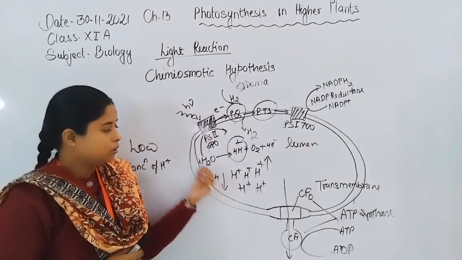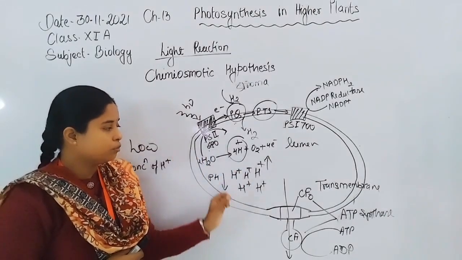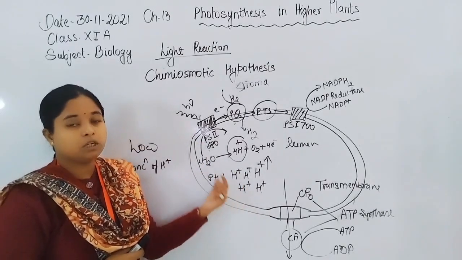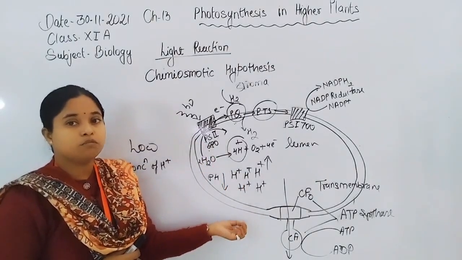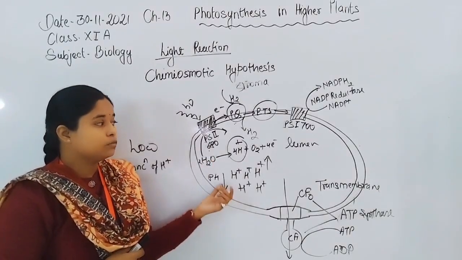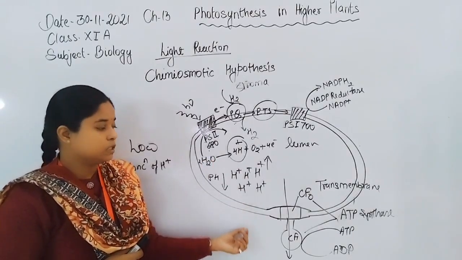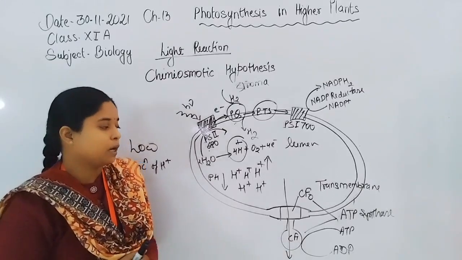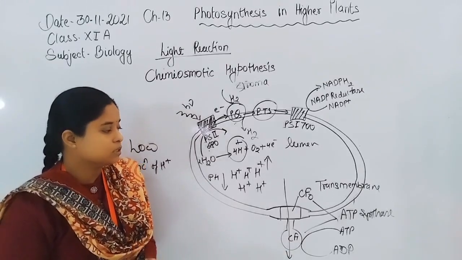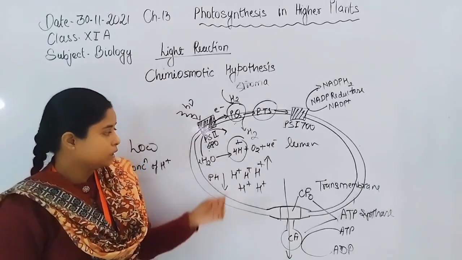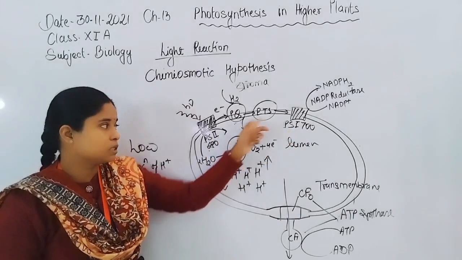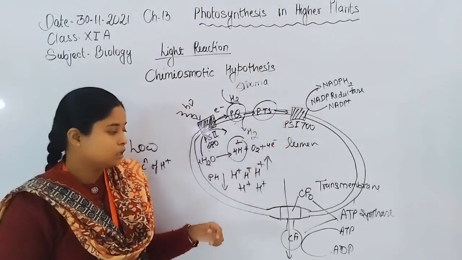Otherwise, because of the increasing number of protons, they may destroy the membrane of the chloroplast and the enzymes of the chloroplast. That's why the removal of proton always takes place through the CF0 and CF1 particle, which is a part of ATP synthase. Now here all the proteins and complexes are present in the membrane of thylakoid.